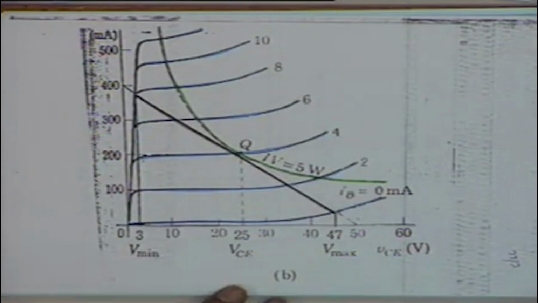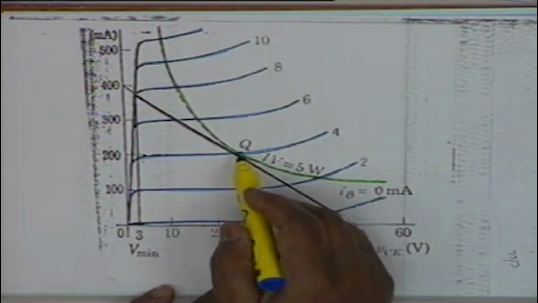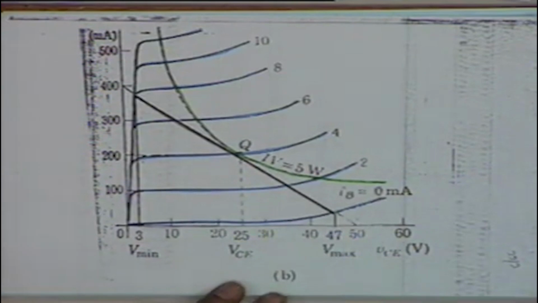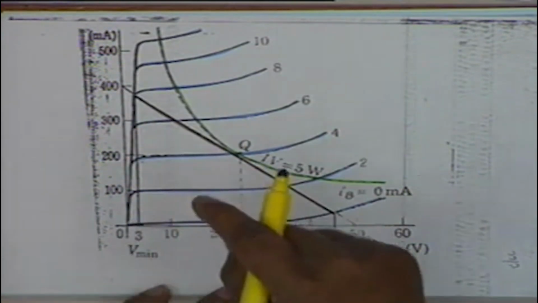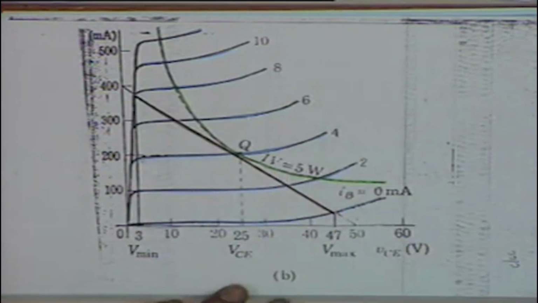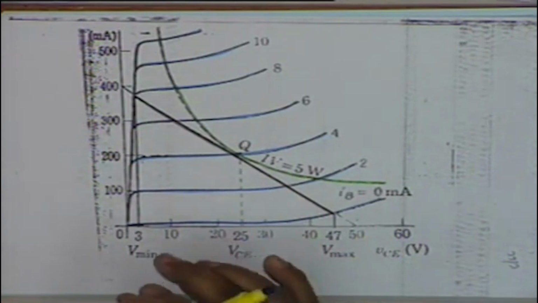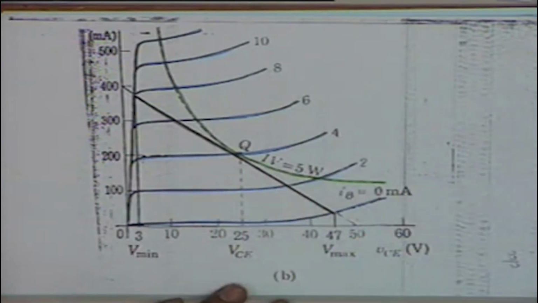Then obviously the total cycle of the base current will be 4 milliampere plus an AC of peak value 2 milliampere. Suppose it is so. Then for the total duration of the base current cycle, the collector current flows. The collector current flows for all times, all right.